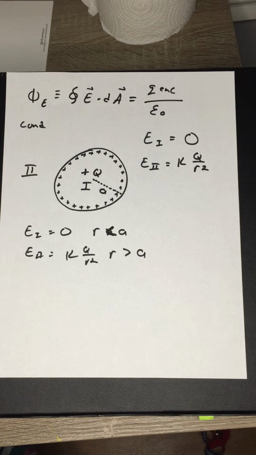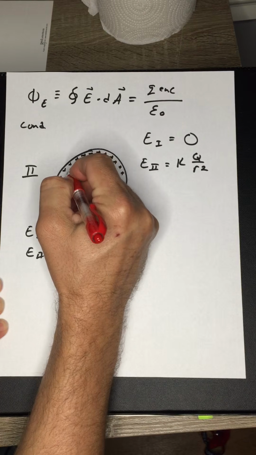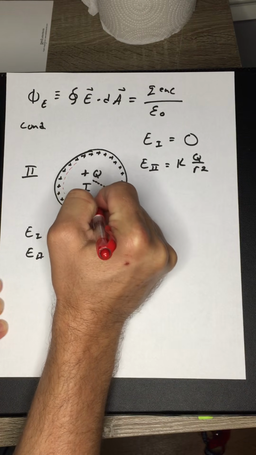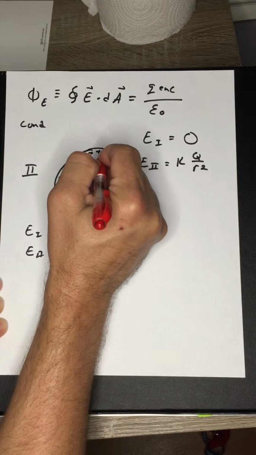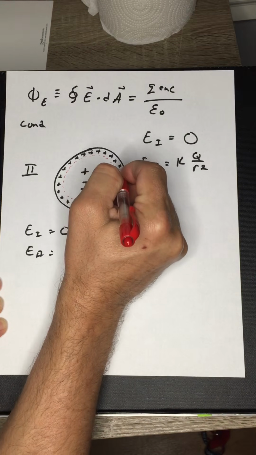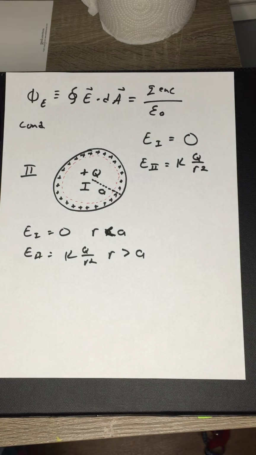So the first thing, let me evaluate inside. I'm going to do this in red. What I'm drawing is an outline of my Gaussian surface. Remember, my Gaussian surface is the tool that I'm using. It's an imaginary surface that I draw, and it's a tool that I'm using to evaluate the electric field at certain points.